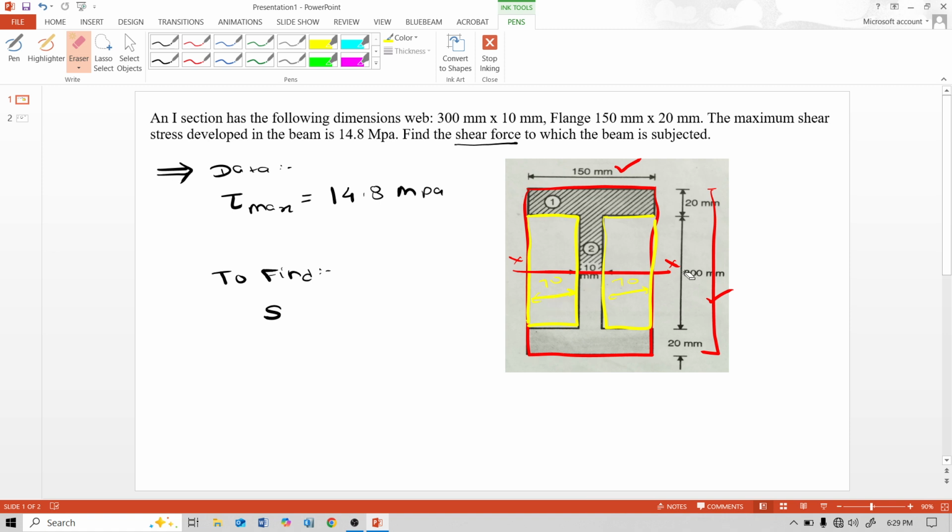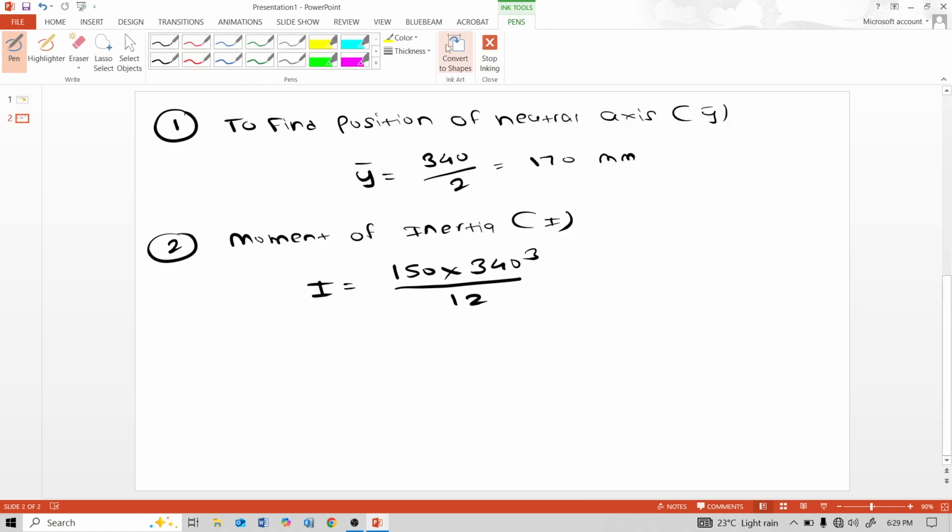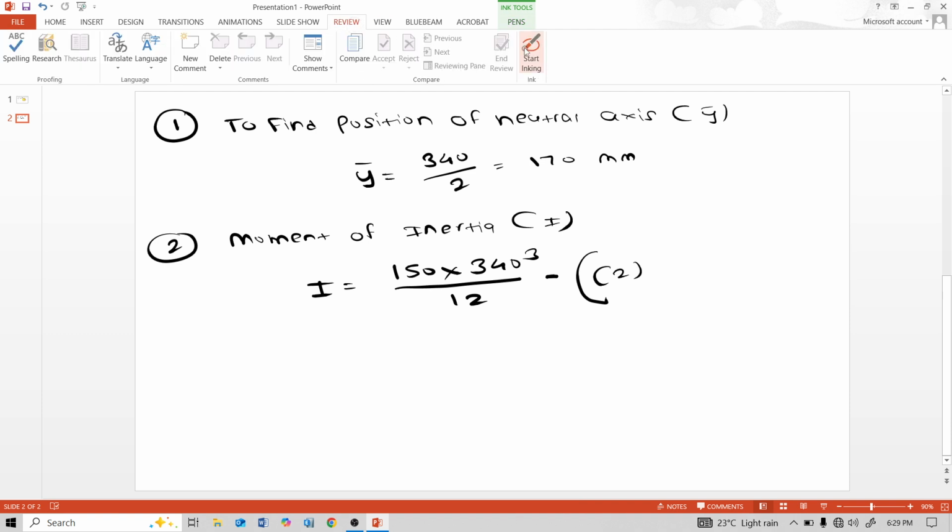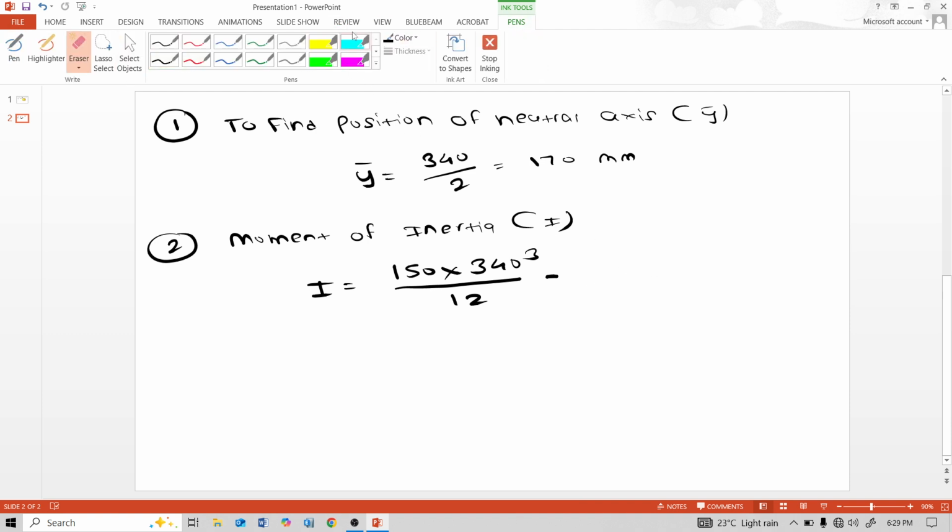That means 70 multiplied by 300 cube divided by 12. And these rectangles are 2, that's why minus 2 into 70 multiplied by 300 cube divided by 12.